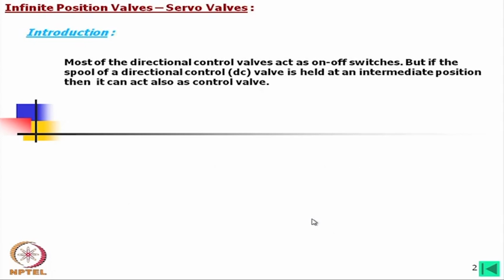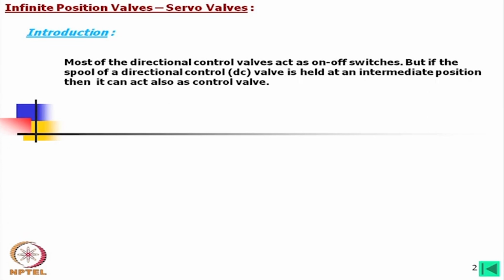Now, most of the directional control valves act as on-off switches, but if the spool of a directional control valve, also called a DC valve, is held at an intermediate position, then it can also act as a control valve.